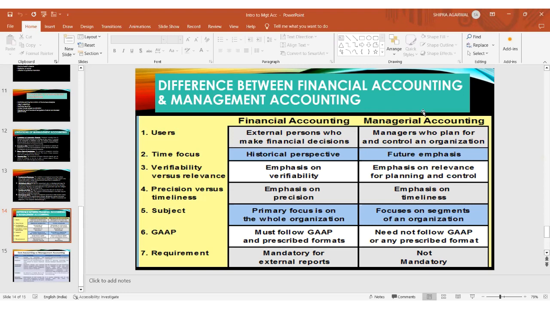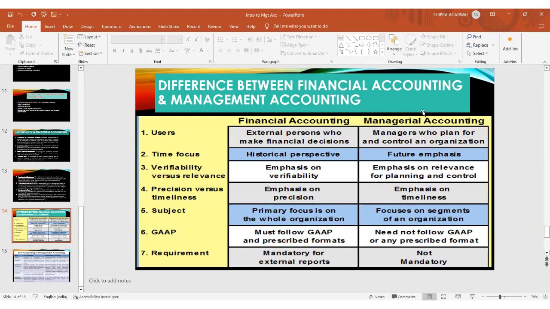So when financial accounting is involved, you have to be very to the point, very precise, very accurate because you need to give the correct information to the users. And based on that correct information, you need to calculate the correct amount of profit or loss. But if I talk about management accounting, they need information which is given to them on time. Because if I need to take a decision, I need the information today. I do not expect that I get the information after 1 month. That will not serve my purpose, right?